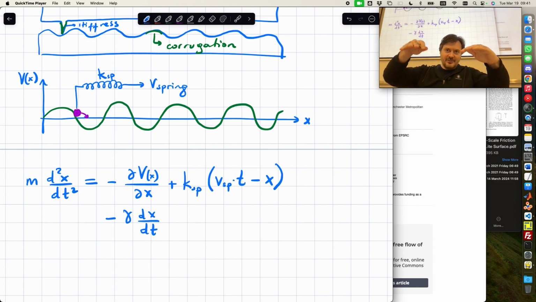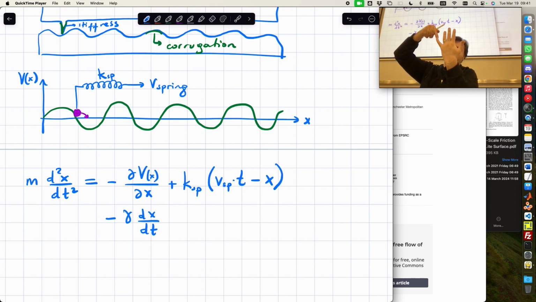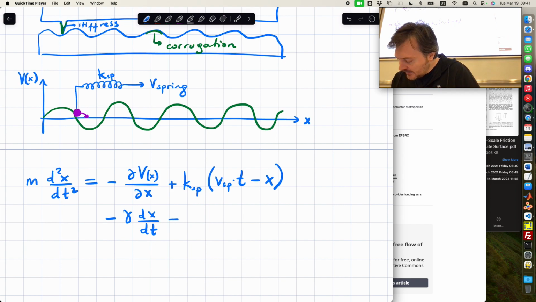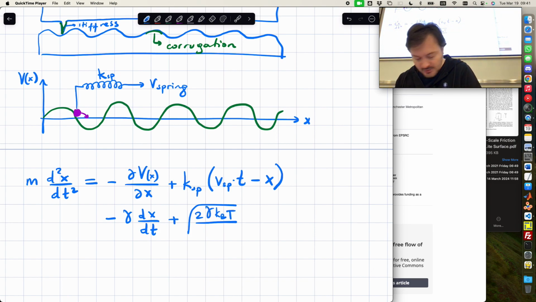On top of that friction, we will have more friction because of these ticks. Okay, I will see it. Plus this thing that we discovered last time, 2 gamma kBT, so fluctuation and dissipation. Let me write it like this, and multiplied by a Gaussian.